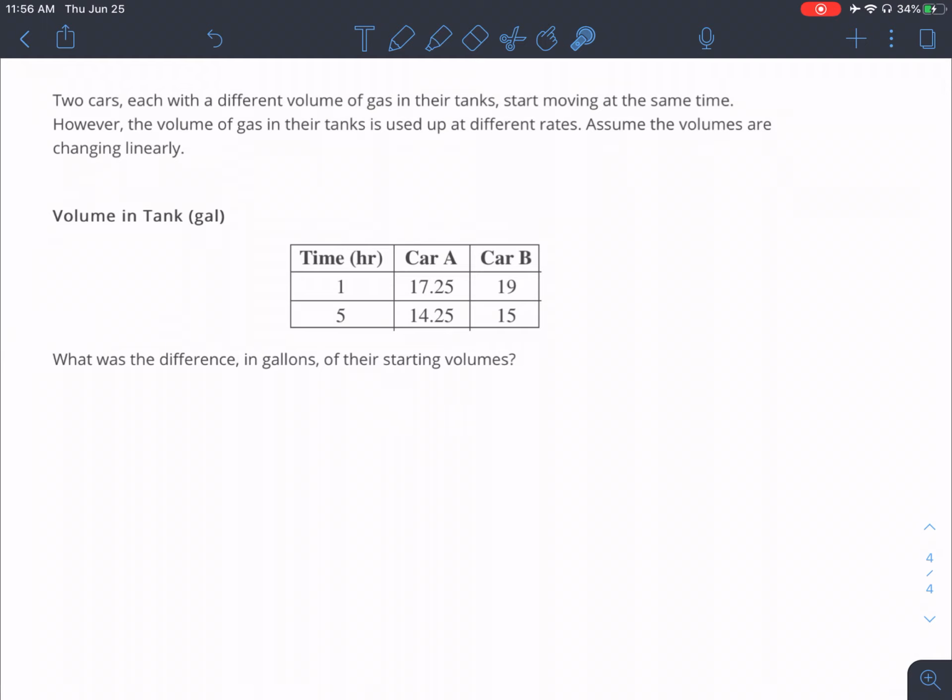So we need to see their starting volumes for car A and for car B at, let's say, time 0, right? Because this is at time 1 and time 5. Now, because we're going to see that this is changing linearly, remember that if we want to write this as a linear function, visually, when we're graphing, we're calling this a slope and we're calling this the y-intercept.